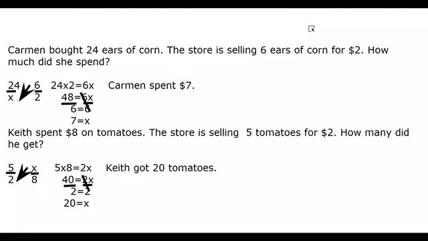So 5 and x. And then we have 2 and 8 because they spent $8 on the tomatoes. So you just again cross multiply. So 5 times 8 and 2 times x. So you get 40 equals 2x. Again, you divide by 2, and then you get 40 divided by 2, which is 20 equals x. That means that Keith spent $8 on 20 tomatoes.